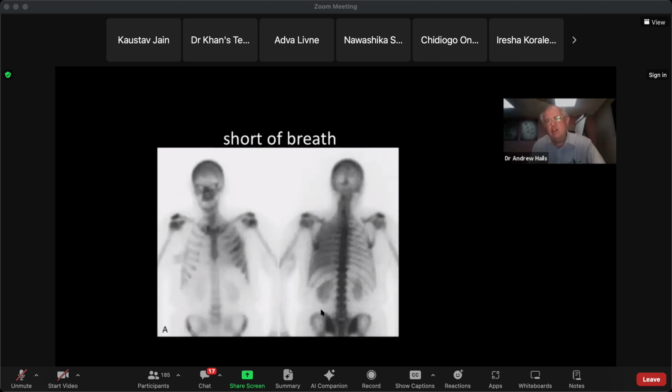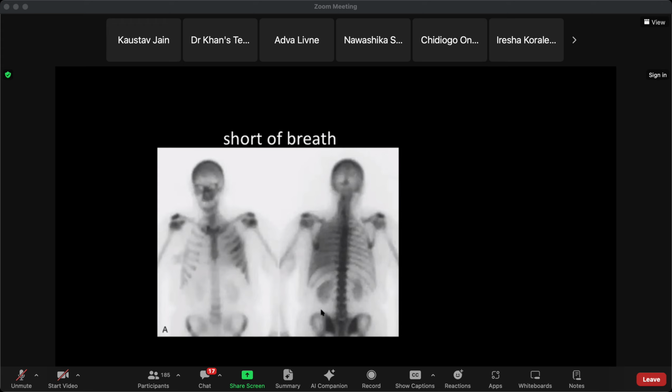Okay, I'll just ask you about this one. What does this suggest in this short of breath patient? So there is abnormal uptake involving the left hemithorax, which is diffusely demonstrating increased uptake compared to the right.